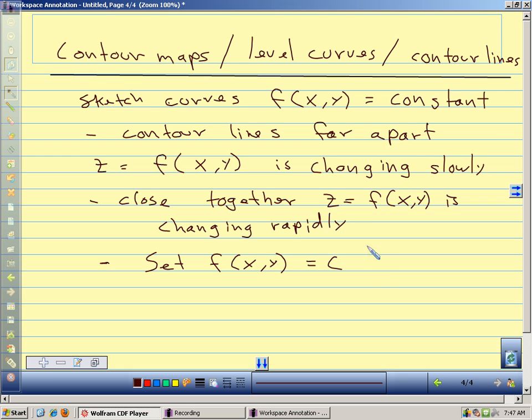If we have a 3-variable function or a higher variable function, we set f of x y z equal to a constant, and we get level surfaces rather than level curves or contour lines. So if we have a function of 3 variables, the function is going to be constant on a surface. This gives us level surfaces.